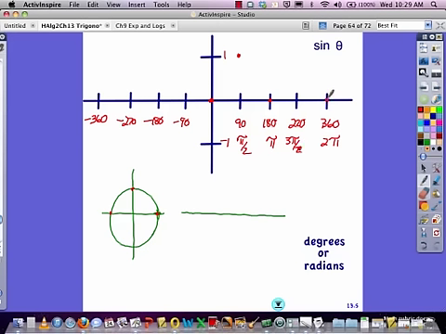And it continues. Then again, you could do the rotations in the other direction. So if we go to negative 90, we're at negative 1. If we're at negative 180, we're at 0. If we're at negative 270, we're positive 1. And at negative 360, we're back to 0.